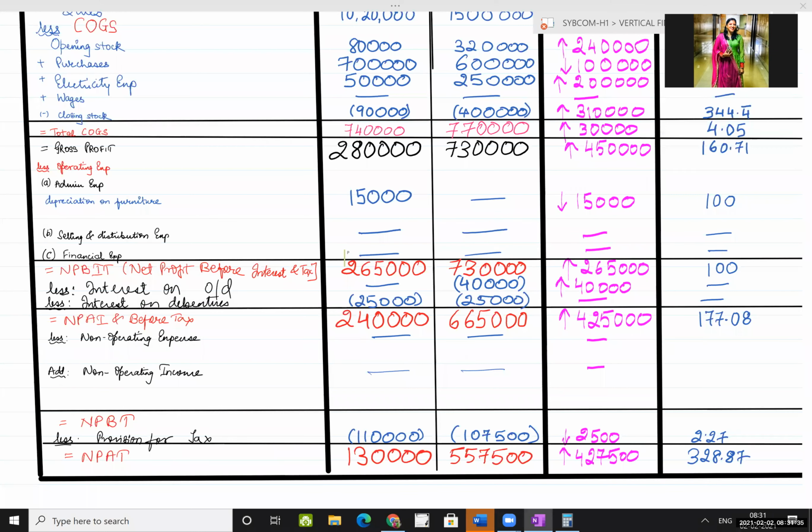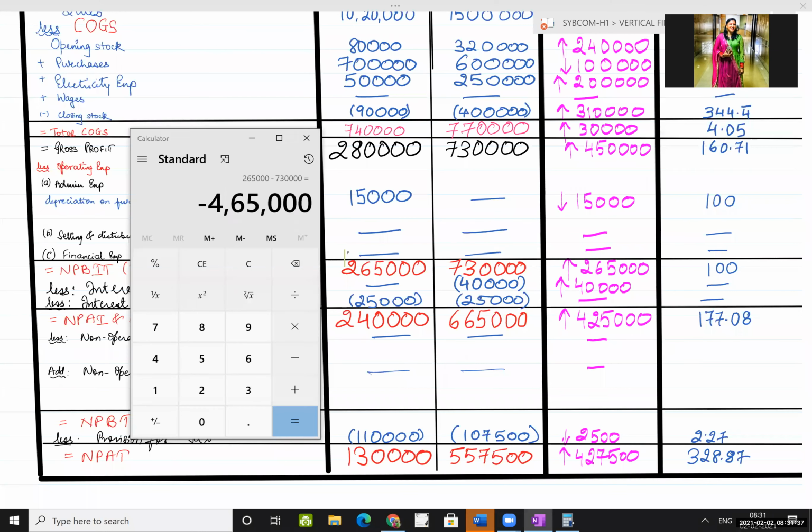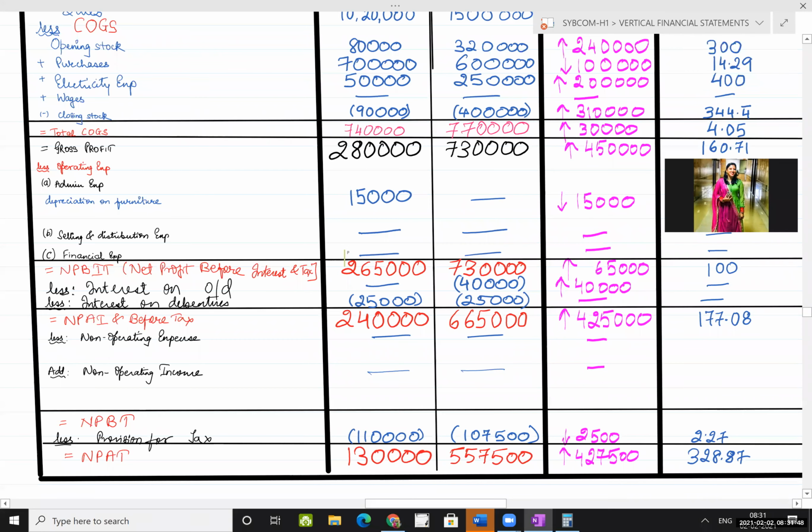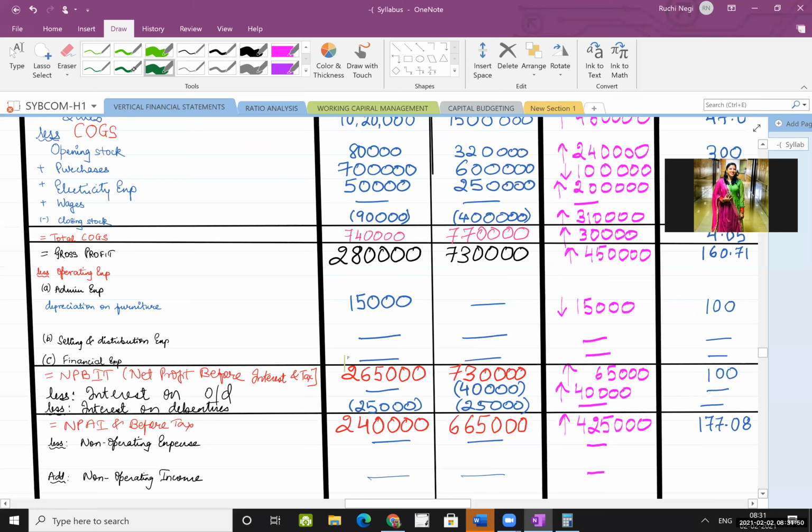ओके. सो this is कितना आया था? What was our answer? 4,65,000 है स्टूडेंट्स. Please write it. That's 4,65,000.